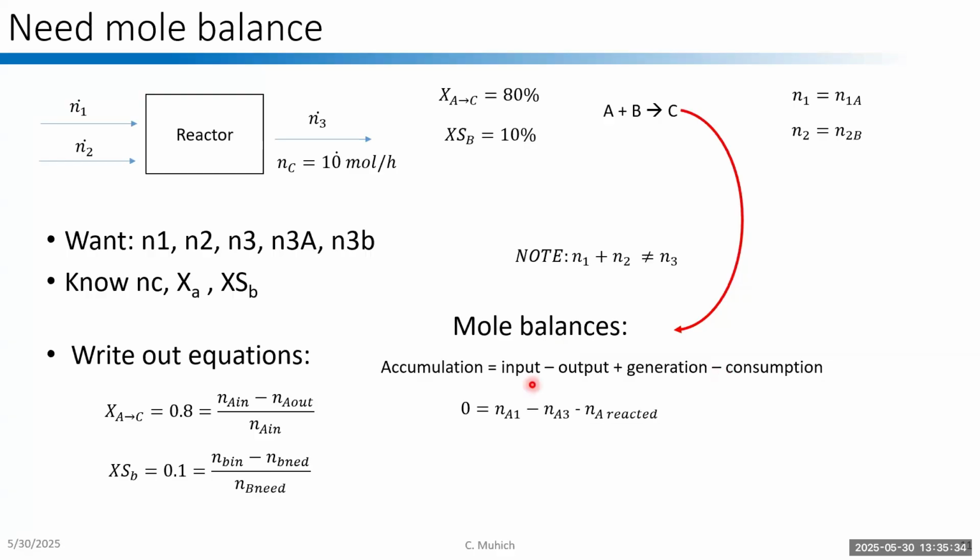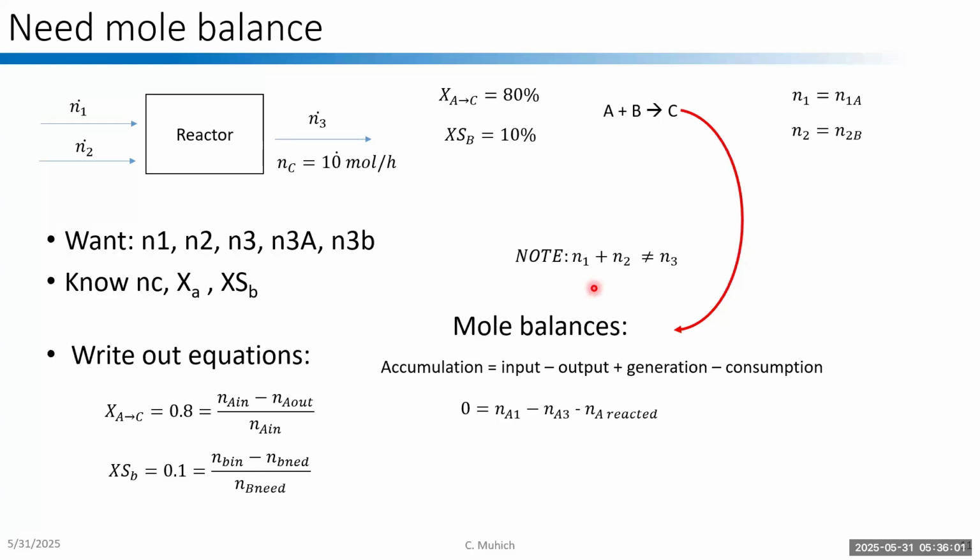So if you look at species A, if we're at steady state and continuous reactor, there's no accumulation. The amount flowing in is NA1, the amount flowing out is NA3, and nothing is generated, but there is consumption, right? So we have NA reacted.